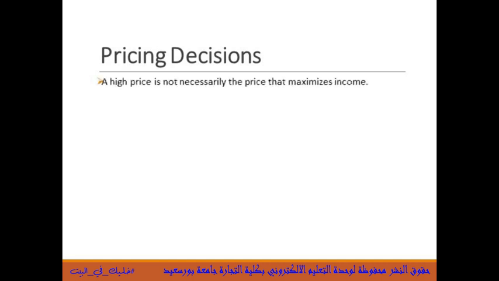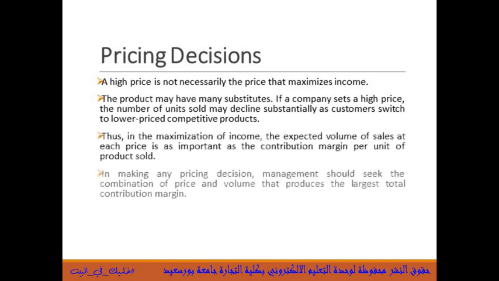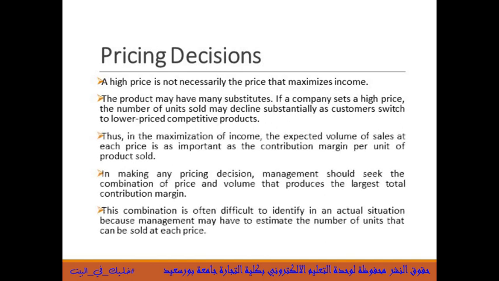A high price is not necessarily the best option. A high price is not necessarily the price that maximizes net income. If a company sets a high price, the demand level may decrease as customers switch to lower priced competitive products.